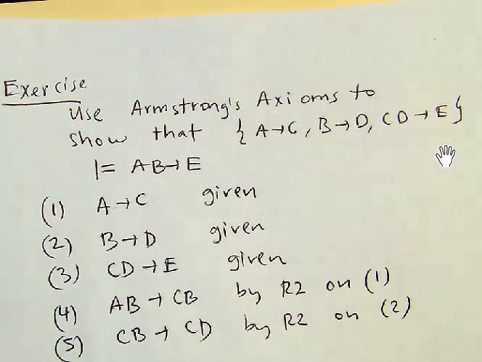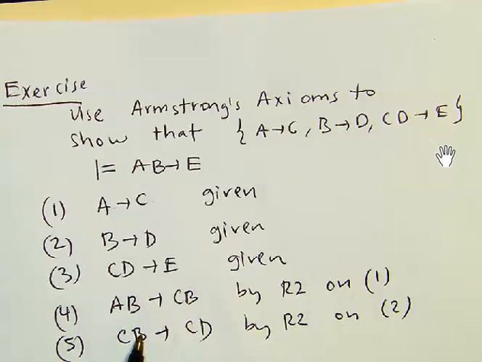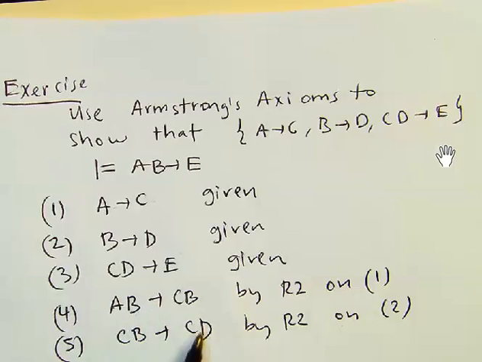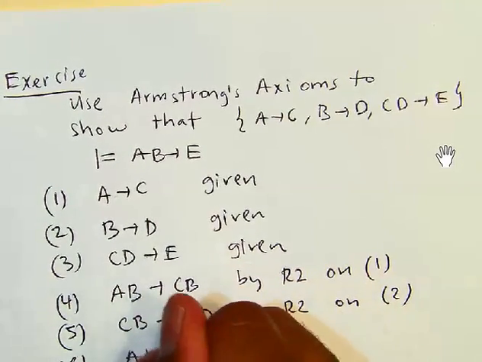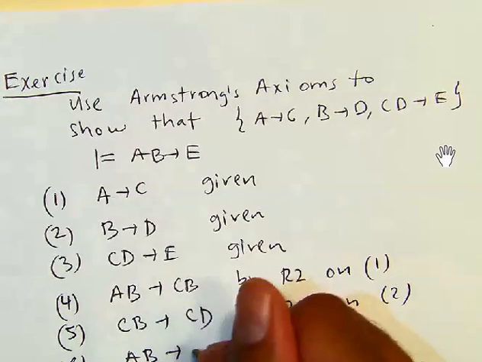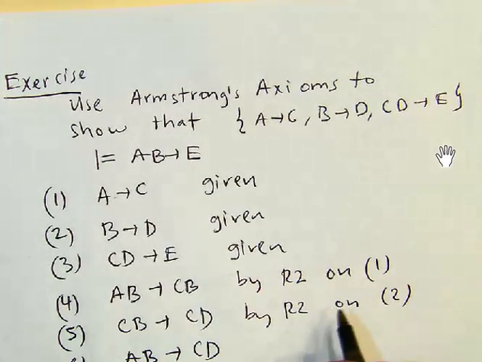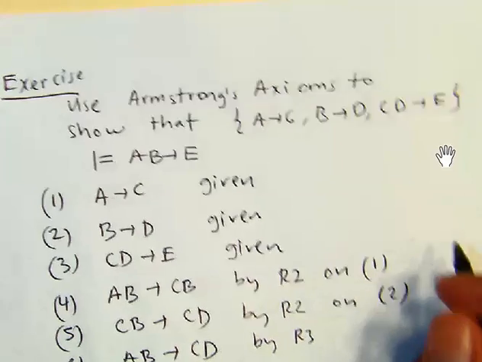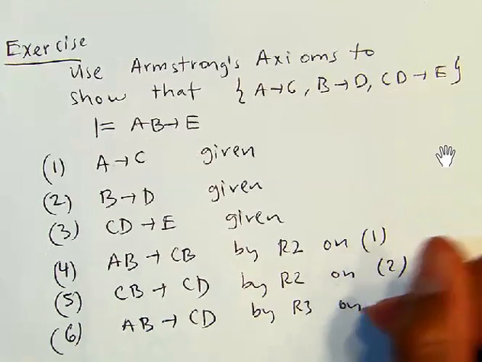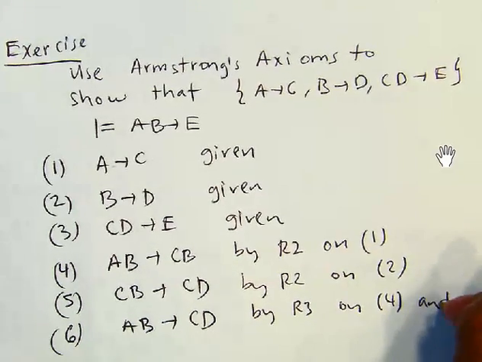Now we can do transitivity because we can say A implies CB and then CB implies CD. Here we can say AB implies CD. So that would be my sixth statement. So AB implies CD, and this is by R3, which is transitivity on 4 and 5.